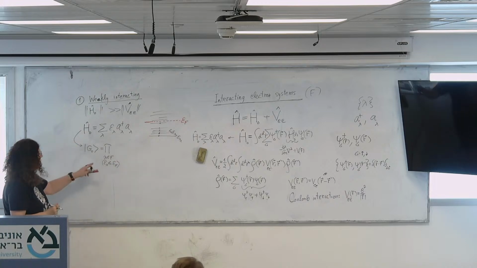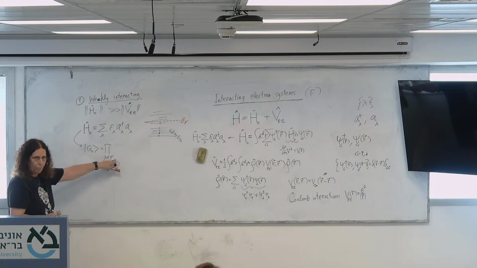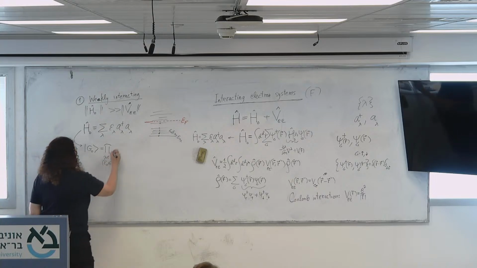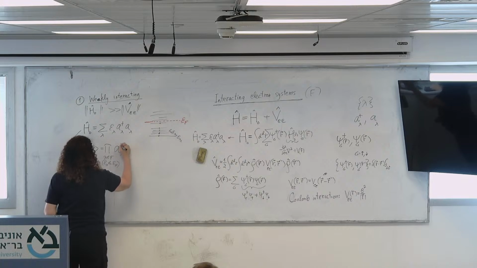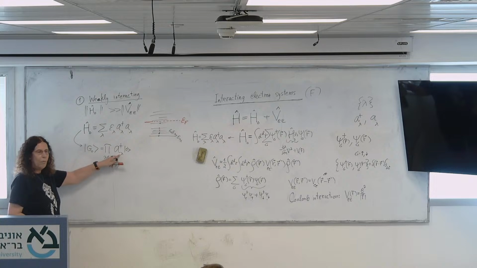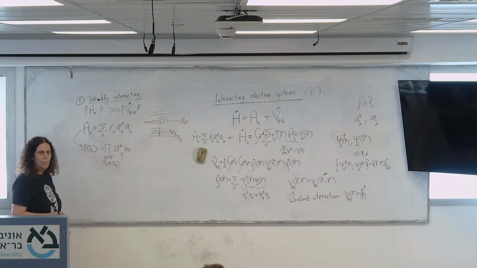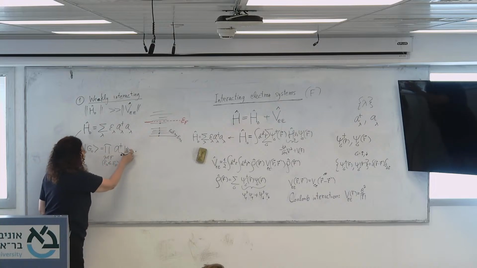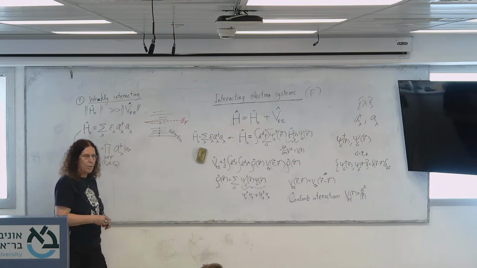That's the definition of lambda belongs to F. And then this is how the ground state looks. It's a product of creation operators, but only of states with lambda of small enough energy, all of them acting on the vacuum, which gives you the ground state.